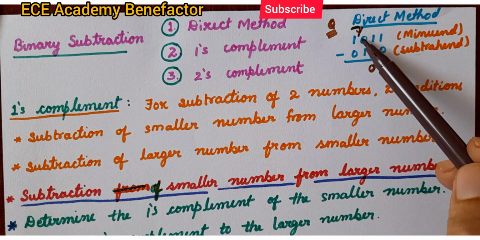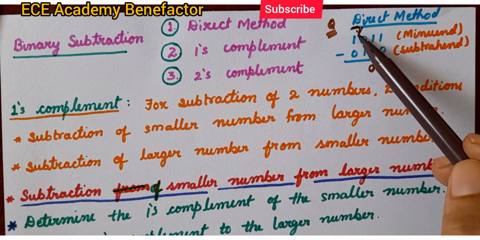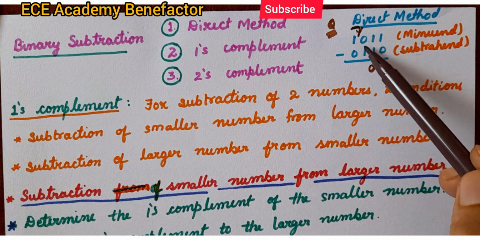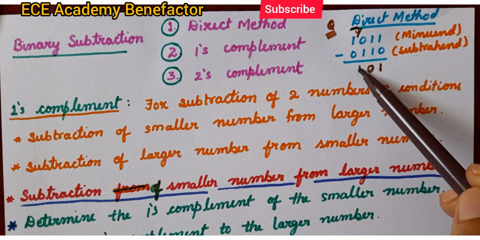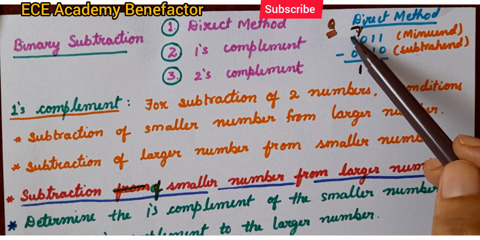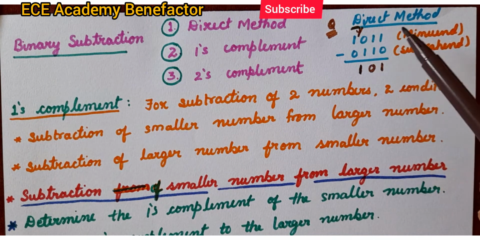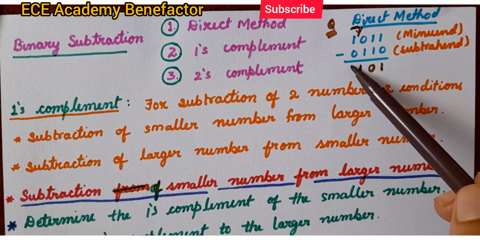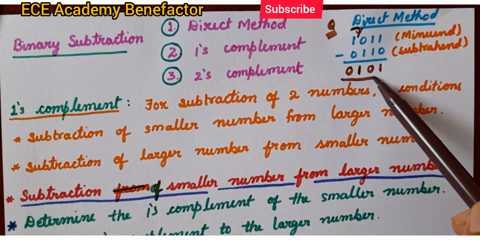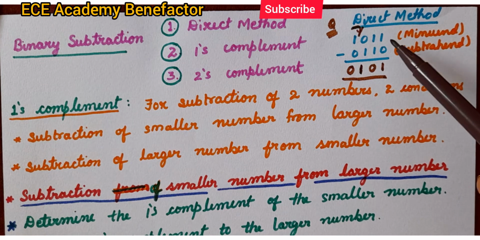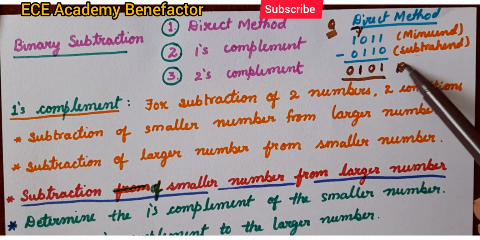It becomes 10. What is 10? 2. So, 2 minus 1, 10 minus 1 is 1. As you have taken borrow, it is left 0 here. So, 0 minus 0 is 0. So, by doing direct method, we can get the difference.